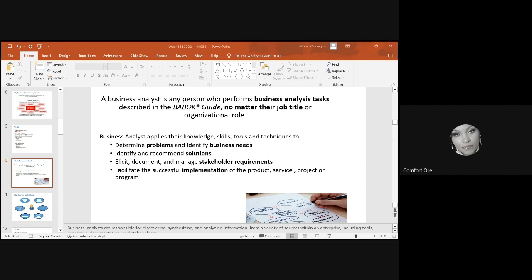So depending on where your interest lies, for business architecture, you're expected to understand the entire fabric of an organization.